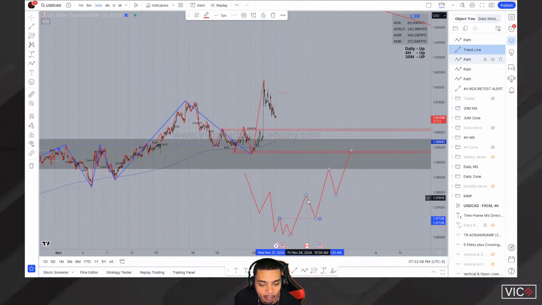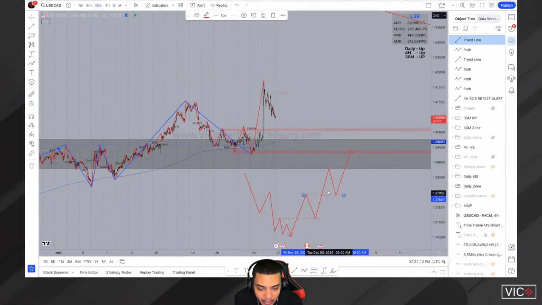We want price to pull back and retest where it changed. Then price will make another run to the top side, cause this structure to break, this high not to hold, to break the high, cause a break of structure to make a new high. Then on that pullback is what we'll be looking to take a trade.